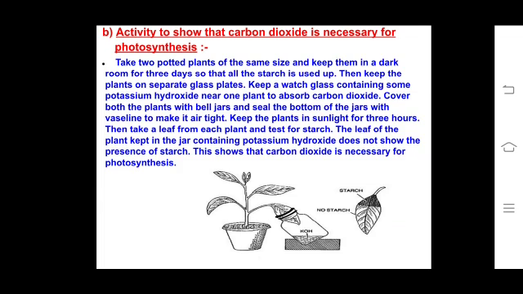Keep the plants in sunlight for 3 hours. Then take a leaf from each plant and test for starch. So this experiment is also known as Moll's half-leaf experiment.